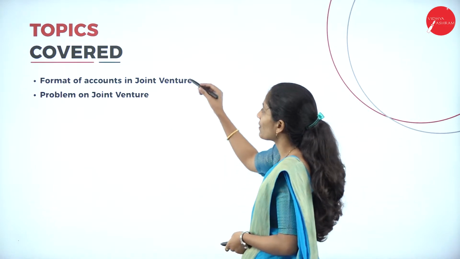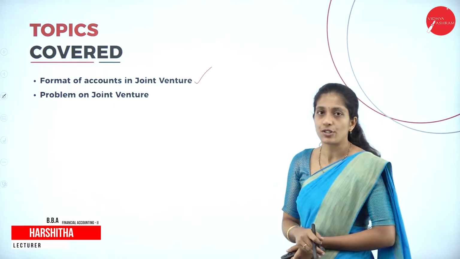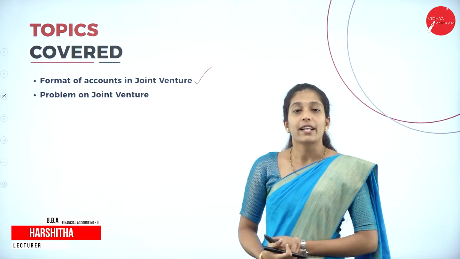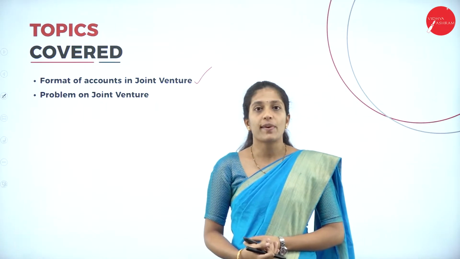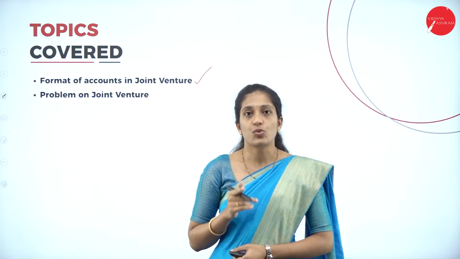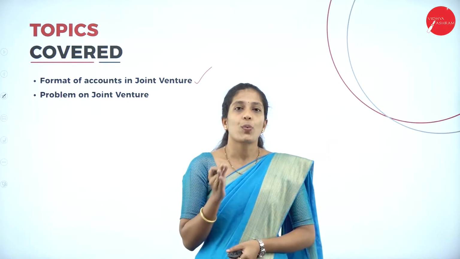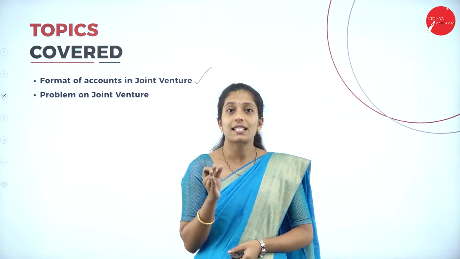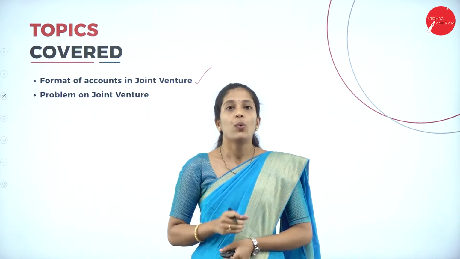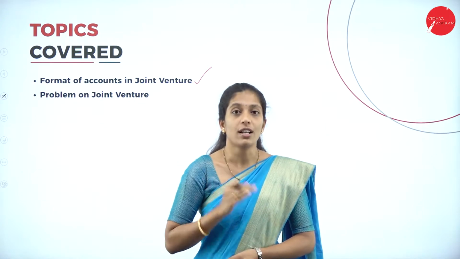In the previous session, we have seen the format of accounts that has to be prepared in joint venture. Which are the three accounts that have to be prepared under joint venture? The first account is joint venture account, the second one is venturers account, and the third one is joint bank account. The joint venture account is similar to profit and loss account, where we record in order to ascertain the net profit or net loss.